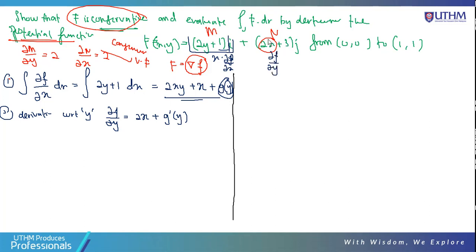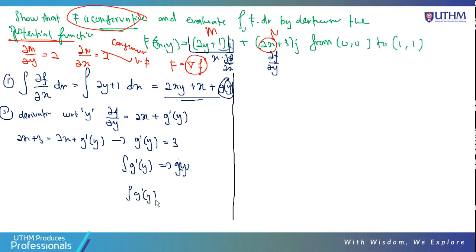So we equate 2x plus 3 with 2x plus g prime y, so g prime y equals 3. To get g(y), we have to integrate g prime y, which equals integrating 3 with respect to y, so you will get 3y plus c.